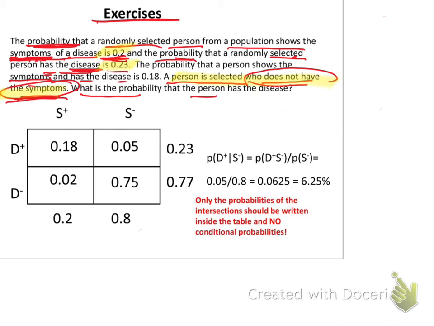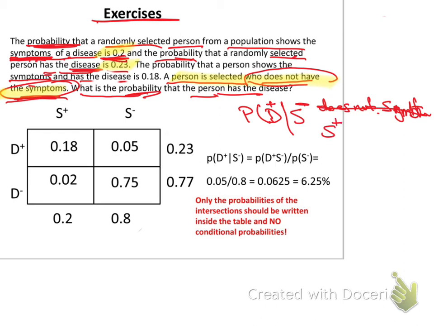What is the probability of the person has the disease? So here the question will be in this form: probability of person has the disease, but given that he doesn't have the symptom, so symptom negative. If we assume that has the disease is disease positive, and symptom he doesn't have, we'll write S negative.